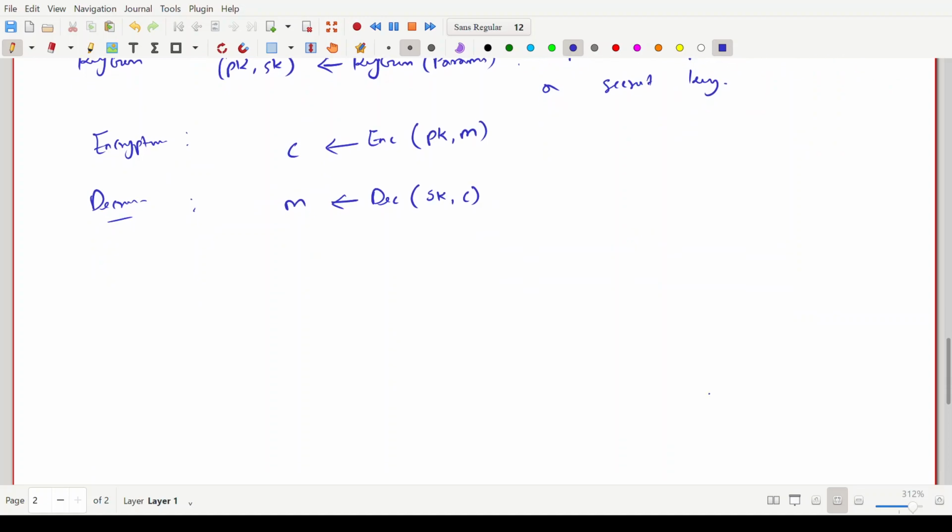Next thing is evaluation. Evaluation means you should be able to compute any function, any circuit, on this scheme.